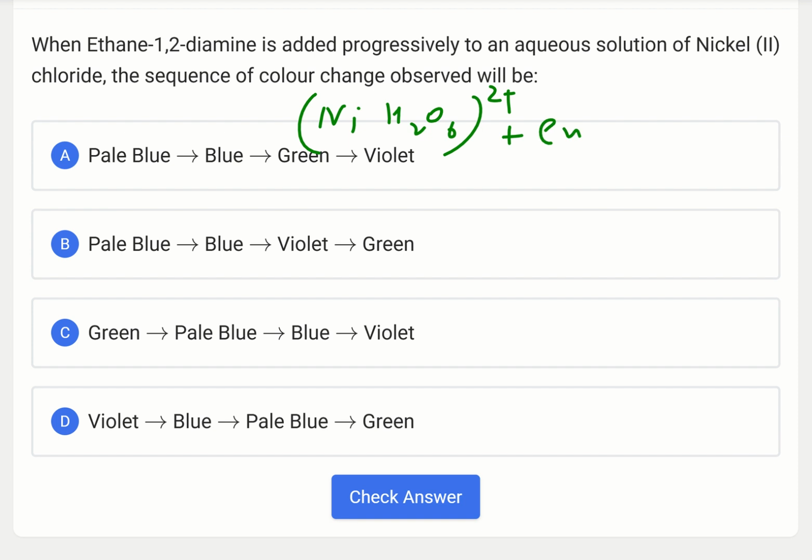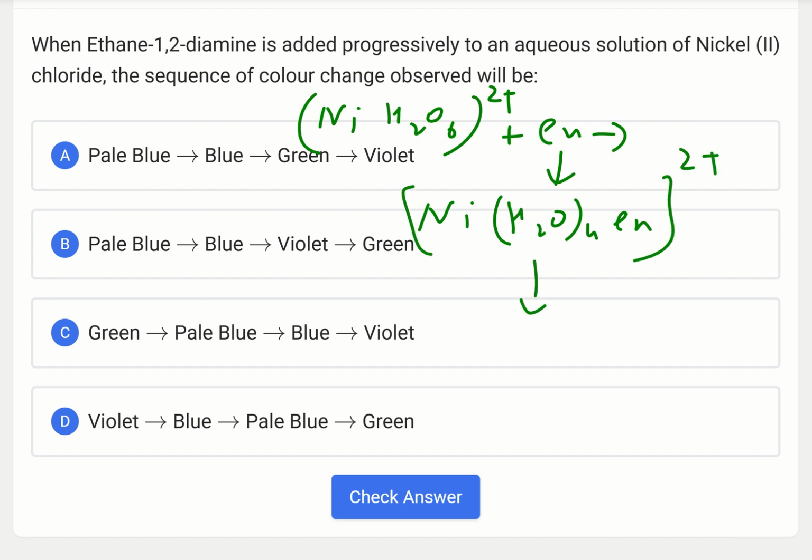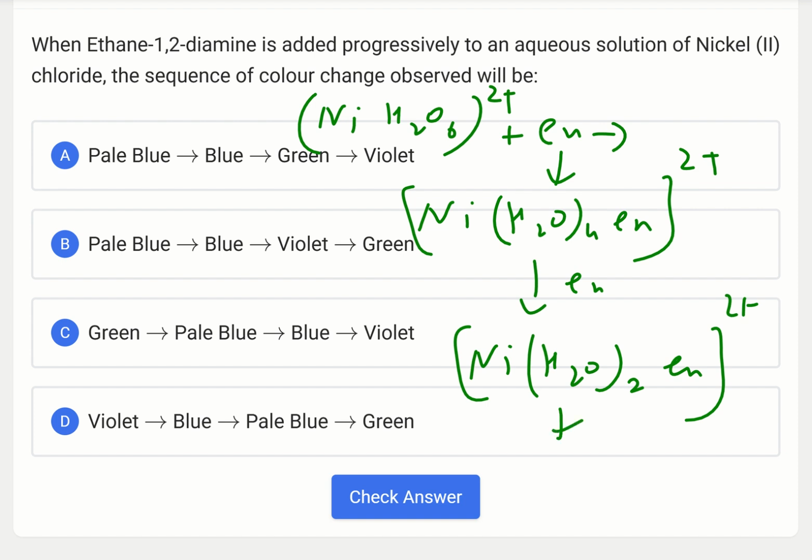So when ethylenediamine is added here, we get [Ni(H2O)4(en)]2+, again en, [Ni(H2O)2(en)2]2+, and then we will get [Ni(en)3]2+.